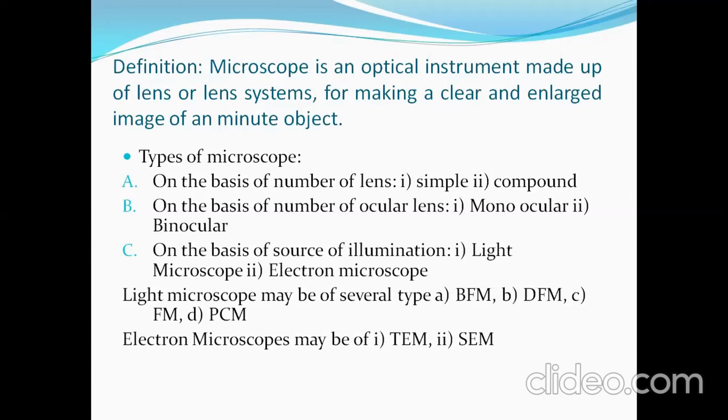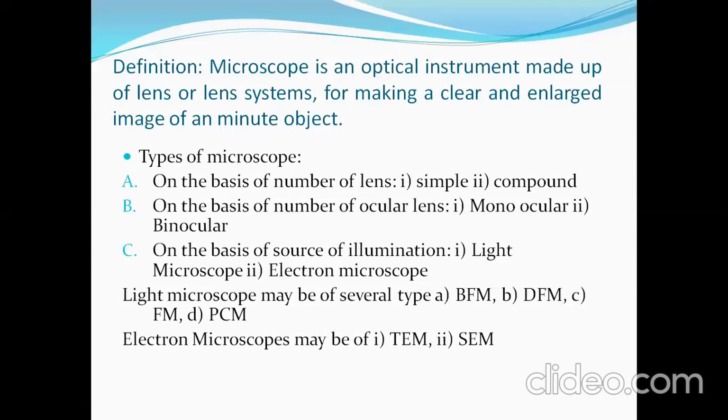On the basis of the number of lenses, there may be either a single lens or multiple lenses in a microscope. So we can have two different types: if only one lens is present, we call it a simple microscope, and if more than one lens is present, we call it a compound microscope.